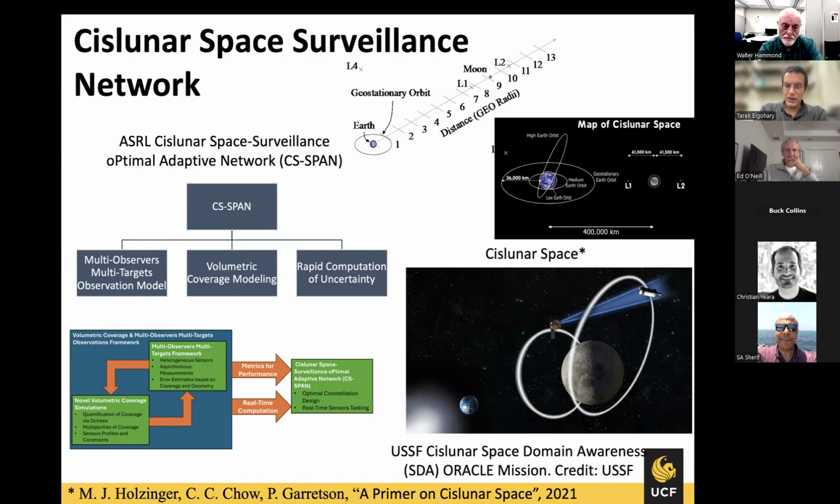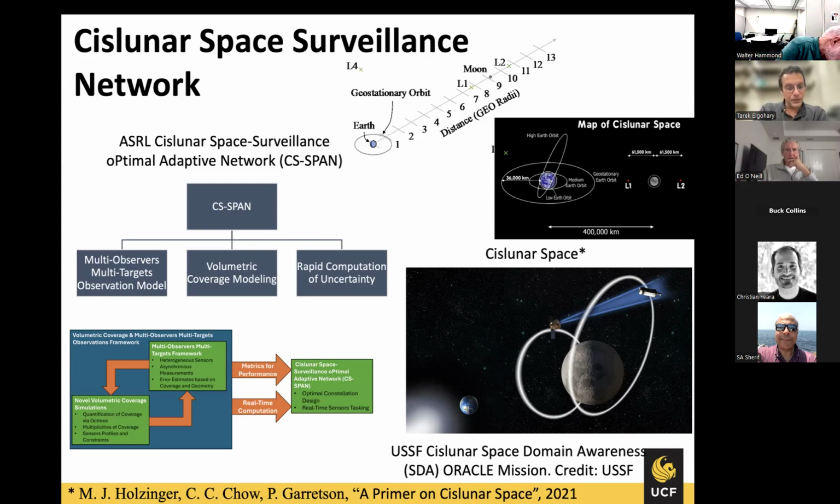So as you see, we will have this Oracle or CHIPS mission. It used to be called CHIPS, but they changed it to Oracle. CHIPS stands for Cislunar Highway Patrol System, but they found that the name is a little bit too much, so they went to Oracle.